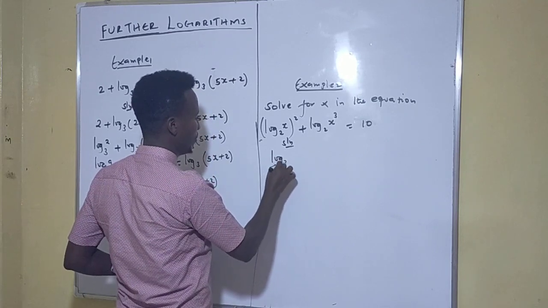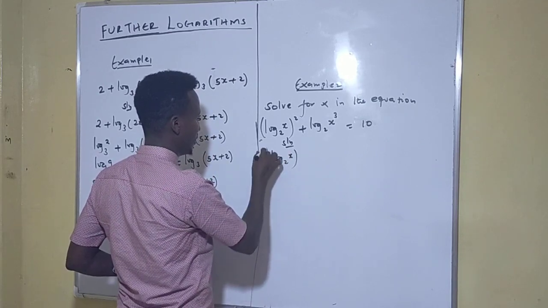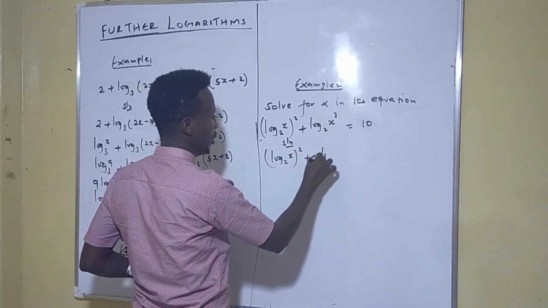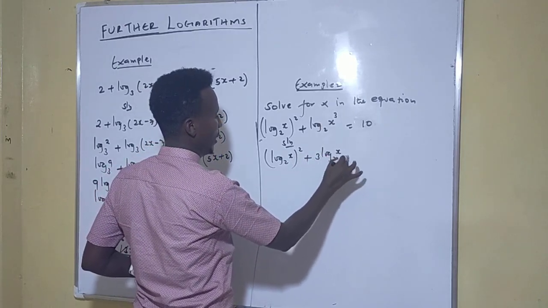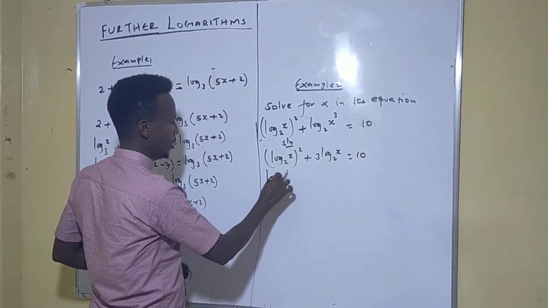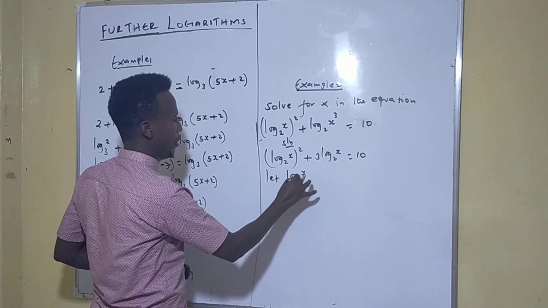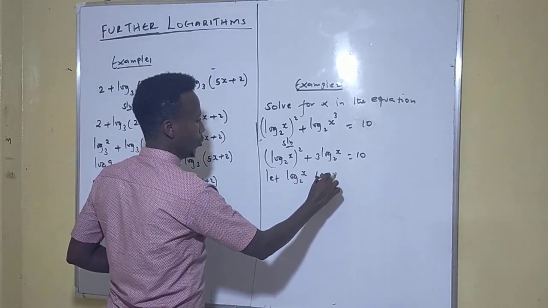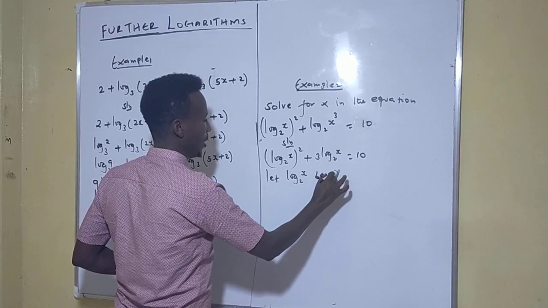So we have (log base 2 of x) in the bracket squared plus, taking this one to this side, 3 log base 2 of x is equal to 10. Then let log base 2 of x, which is common here, be y.